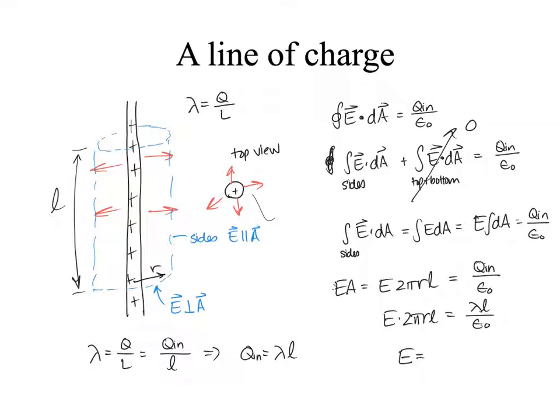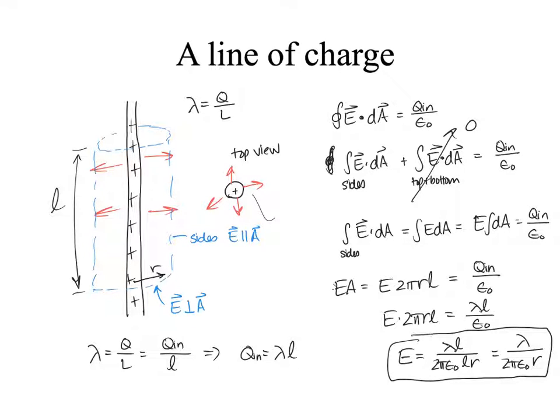My electric field is equal to lambda L over 2 pi epsilon naught r L. And so this ends up to be lambda over 2 pi epsilon naught r. And I don't know if you remember it, but this was a result we looked at when we did the segment of charge in the previous chapter. We also looked at, well, what if the line of charge is very, very long? And this is the result that we would get. And those are our examples of using Gauss's law to find the electric field.